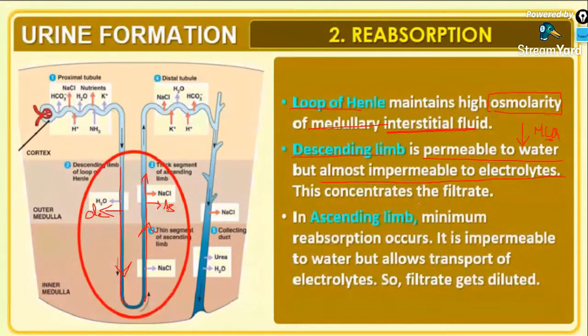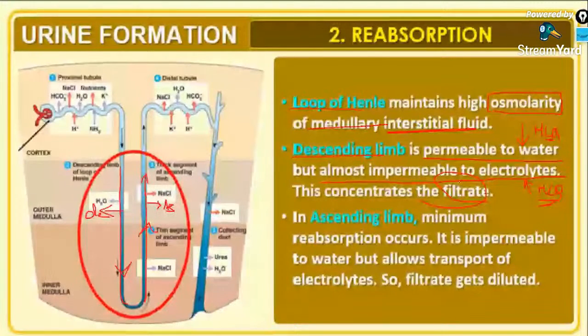And what is its importance? It concentrates the urine. So definitely I'll ask you about this. In the counter current mechanism, this is the simple logic which every student needs.